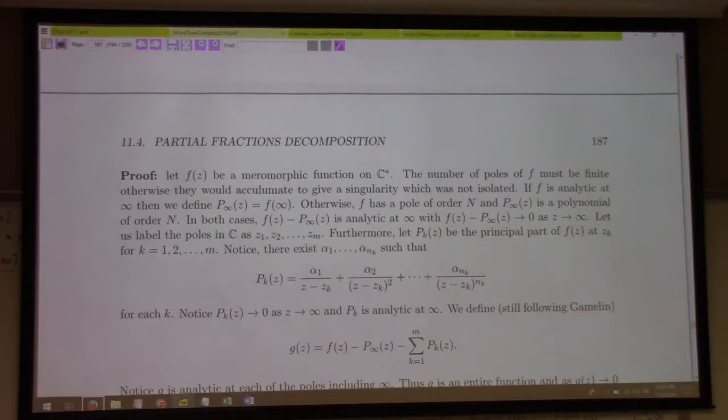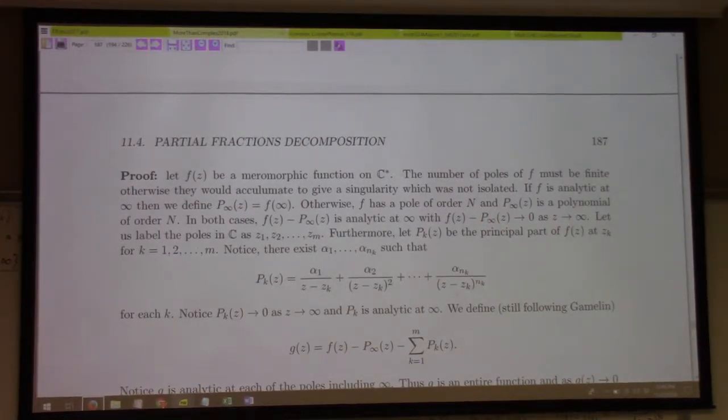All right. Now, if f is analytic at infinity, then we can define p infinity of z to be f of infinity. Otherwise, f has a pole of order n, which means that p infinity of z is a polynomial of order n. In both cases, f of z minus p infinity of z is analytic at infinity, and f of z minus p infinity of z goes to 0 as z goes to infinity.